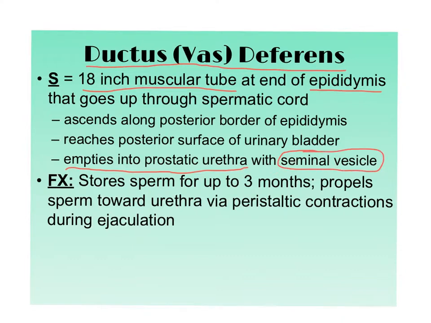And the vas deferens stores sperm for up to 2 months. And during ejaculation, it's going to propel the sperm toward the urethra via peristaltic contractions. So hopefully you remember that term peristalsis from the digestive system. Those were the wave-like muscle contractions that move your food along in your GI tract. Well, this is the same way that the sperm is released during ejaculation.